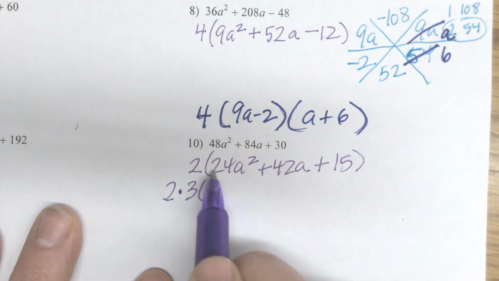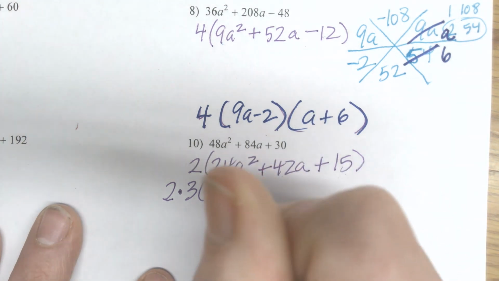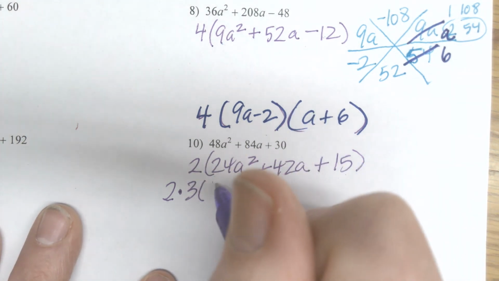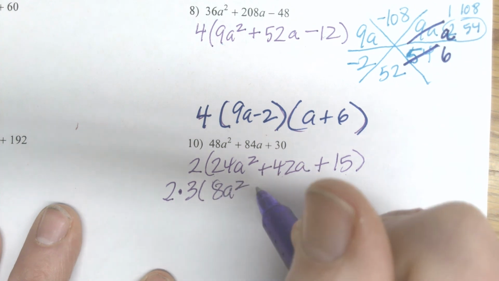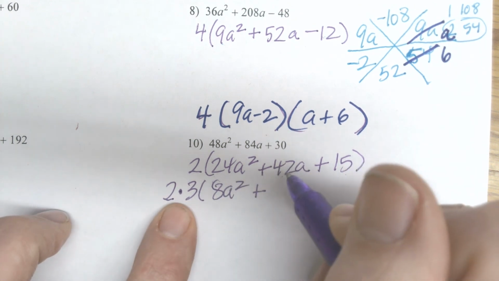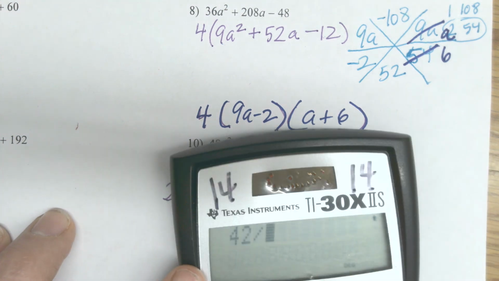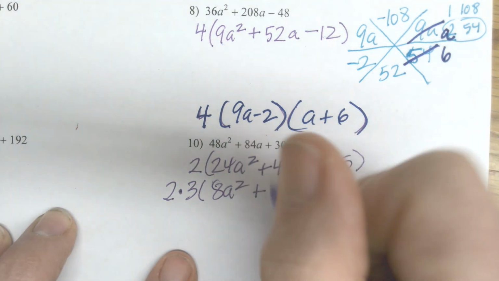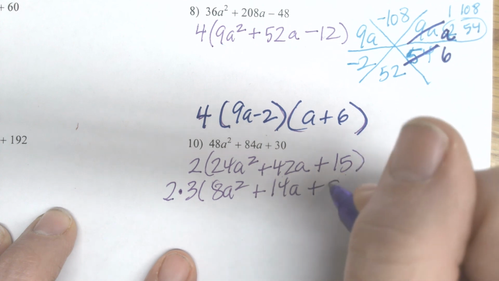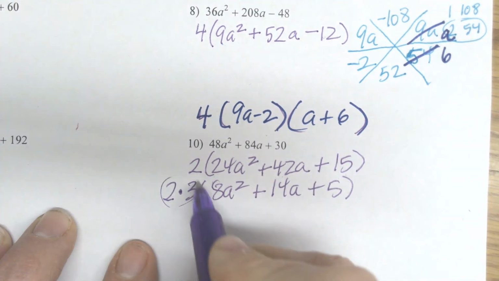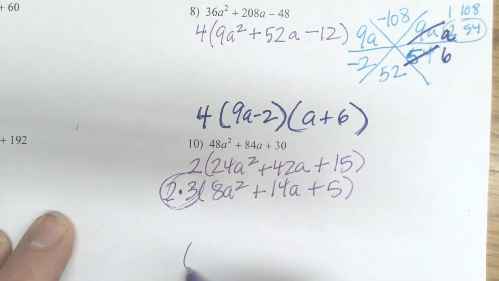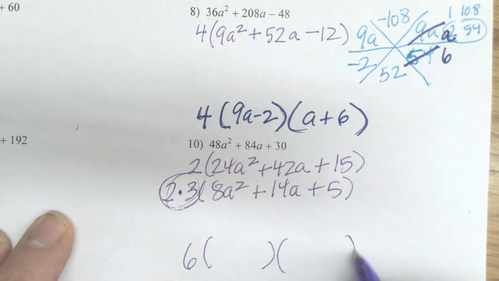We started with 2, and then notice that 3 comes out of those. Then this is 8a squared plus 3 goes into 42, 14a plus 5. So then this number here is 6 on the bottom.